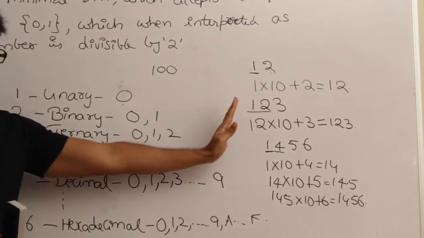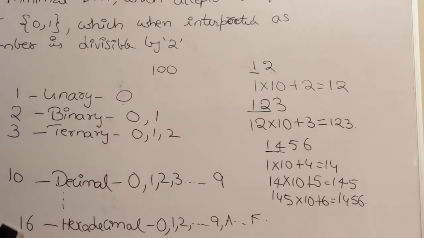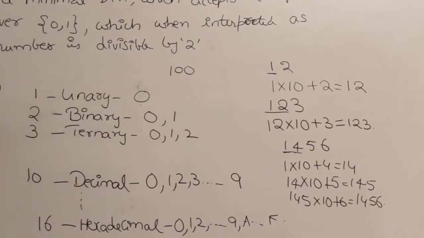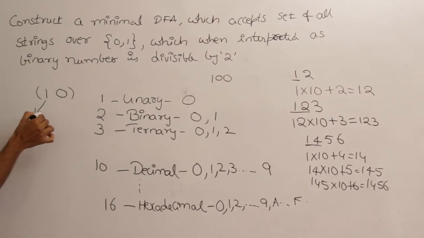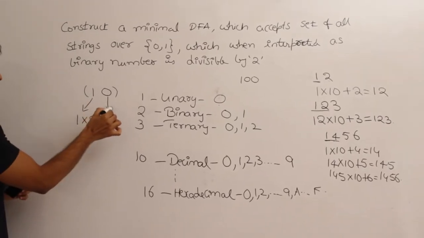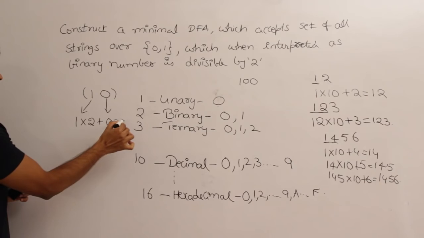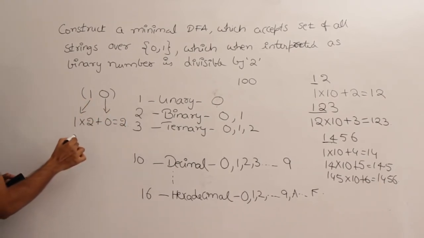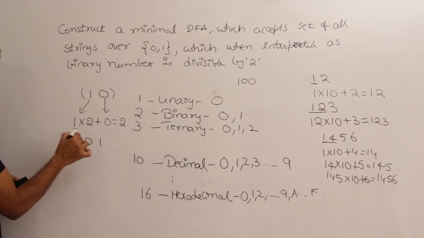Now let's extend this same method to other bases also. Let us say to binary. Let us say the number is 1 0. Now what is its decimal value? Take the 1, multiply with base and add the next one, which is nothing but 2. So 1 0 is 2, like this. Let us say I have 1 0 1.